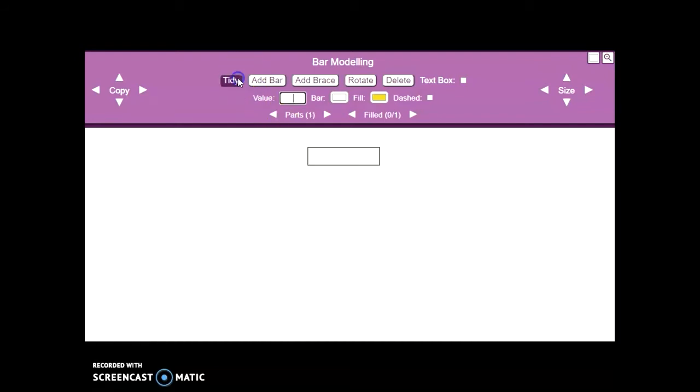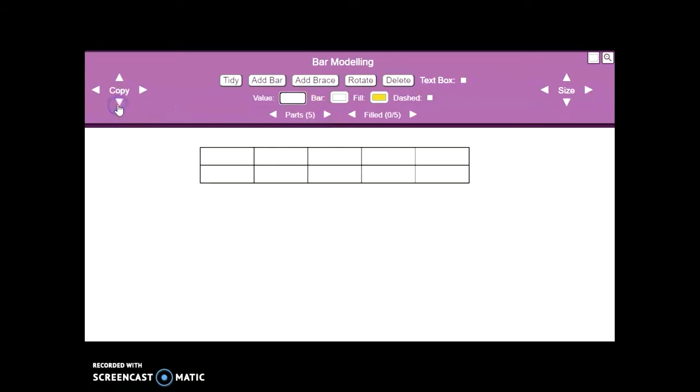Just to show you again, all you do is you have the bar. I would definitely make it bigger because it's much easier to see, and then you can move it. Then you split the bar up. So for example, I might have 5 parts in one bar. Then I can make another bar by copying it, and it makes it exactly the same size. If I click on that bar, I can change the parts on that one.